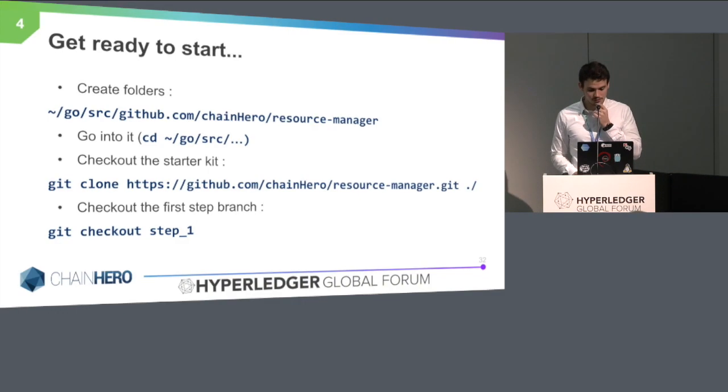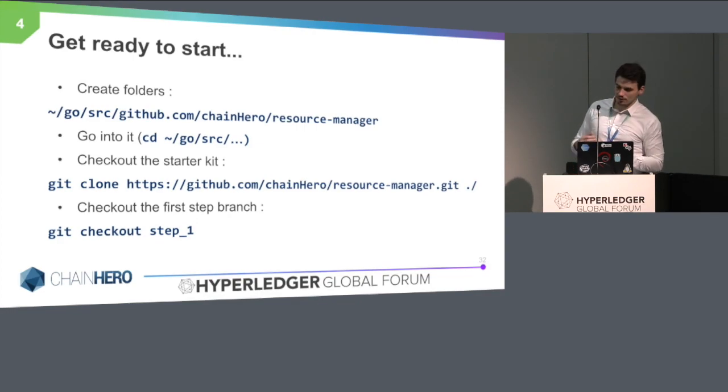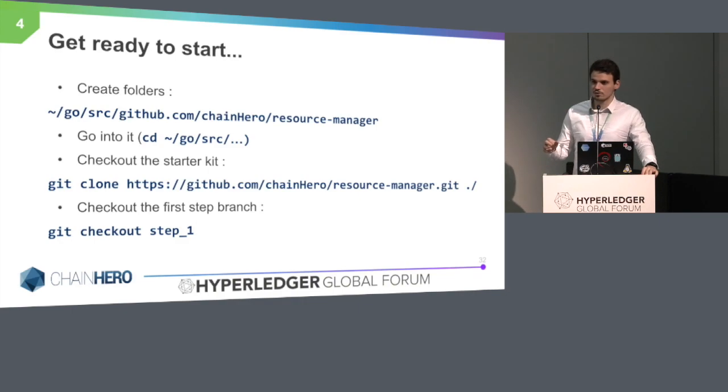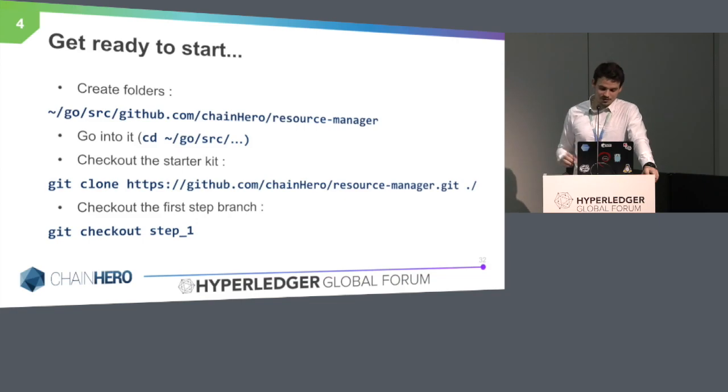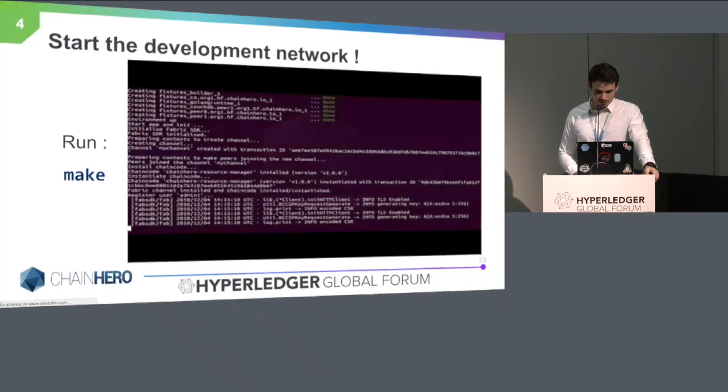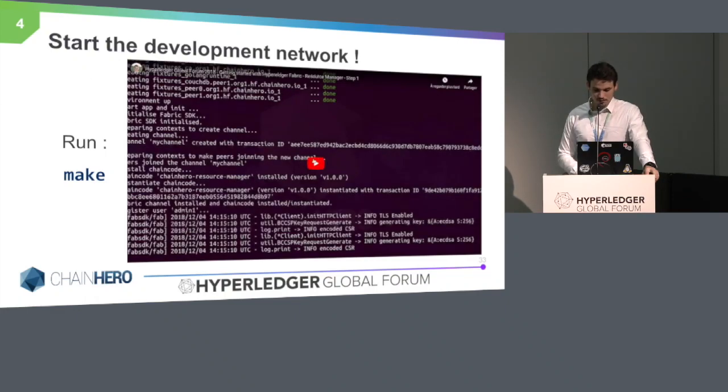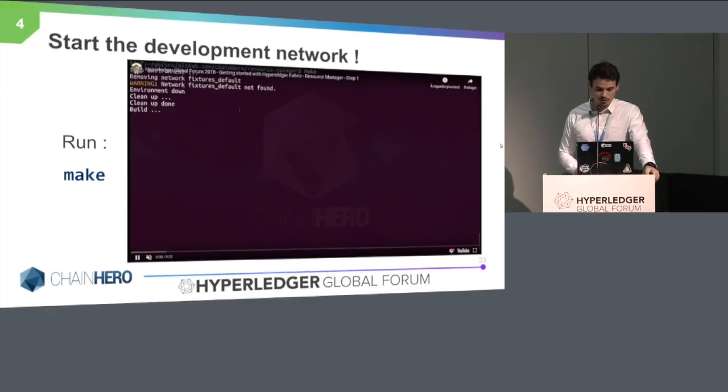The first step: take care, for people that use the Linux environment on your machine, of the uppercase in ChainHero in the path, because it will not work if you miss this point. Okay, so the first step is then to run this command.